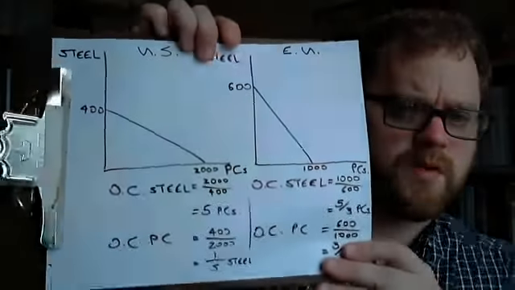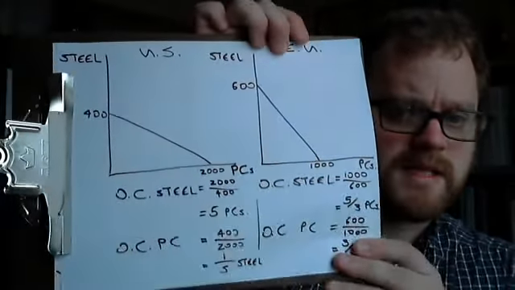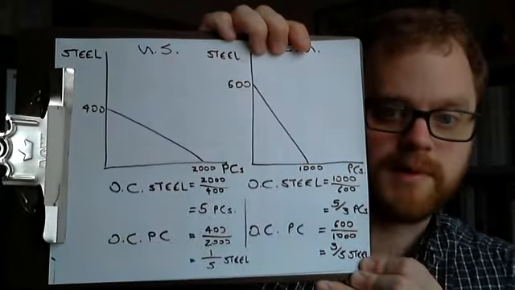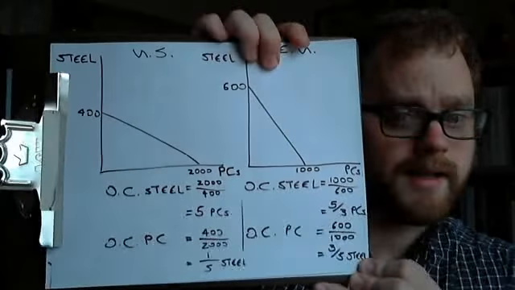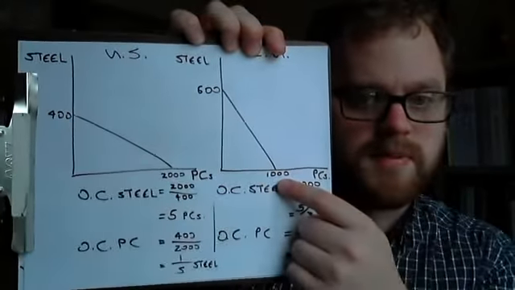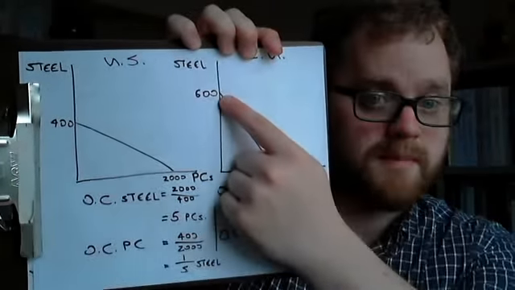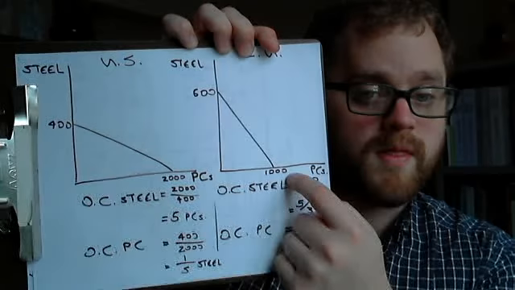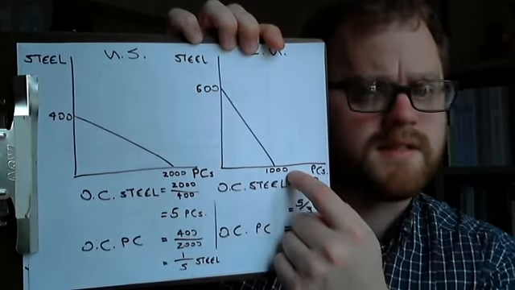What about the European Union over here? Okay, what about these guys? Well, here we've got different numbers. They have a different economy, different production possibilities, but the logic's exactly the same. So their opportunity cost of steel for these Europeans is, if they focus completely on making steel, they make 600 tons, but they're giving up 1,000 PCs they could have made instead.